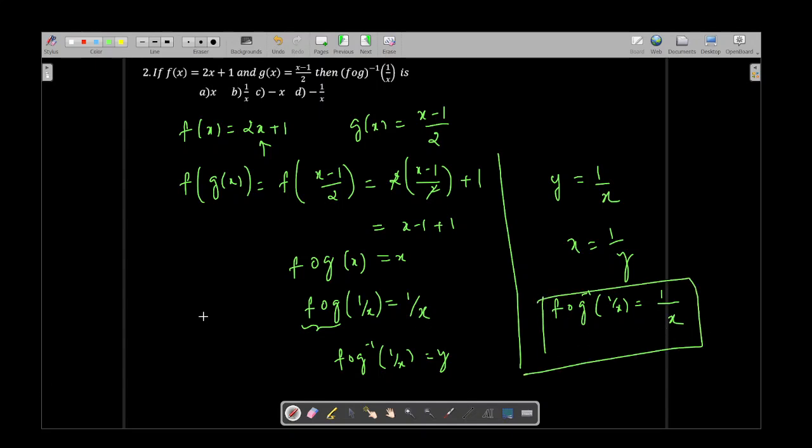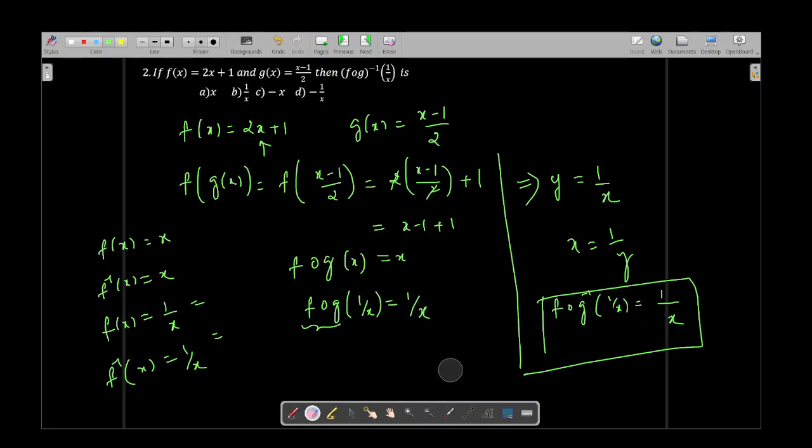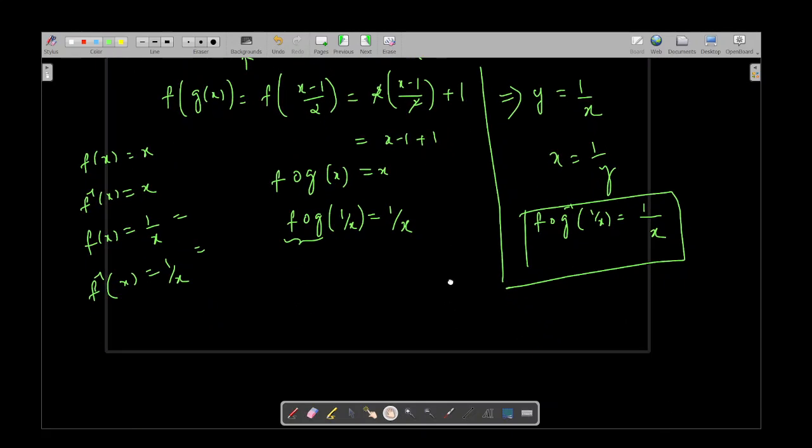One thing to note here is that if f of x is equal to x, then f inverse of x is also x. If f of x is equal to 1 over x, then f inverse of this is also 1 by x. You can verify this by applying this method. Let me do it once more.